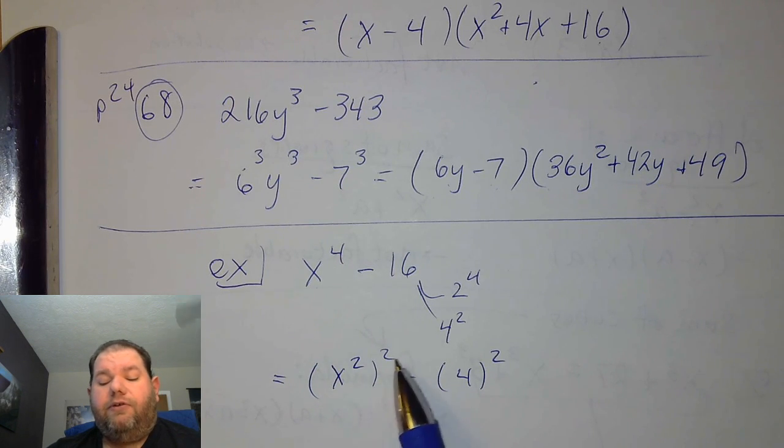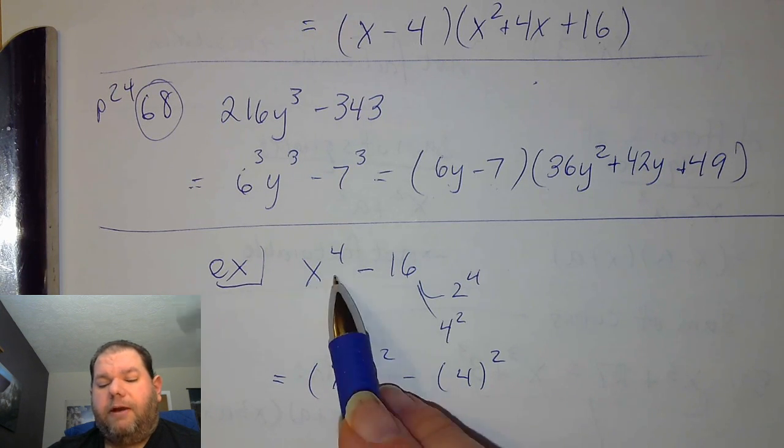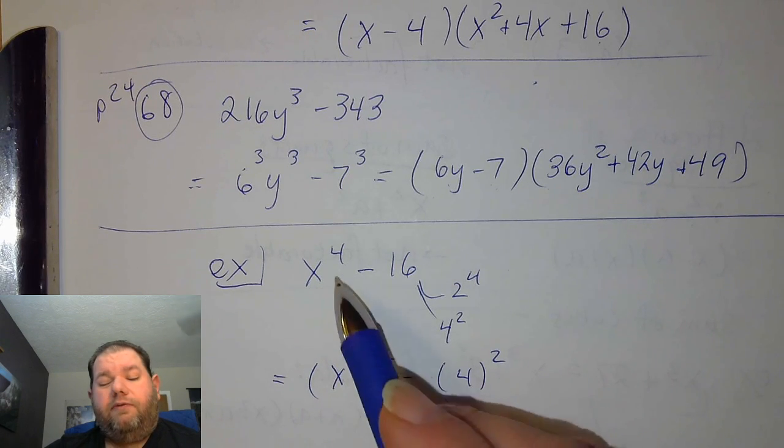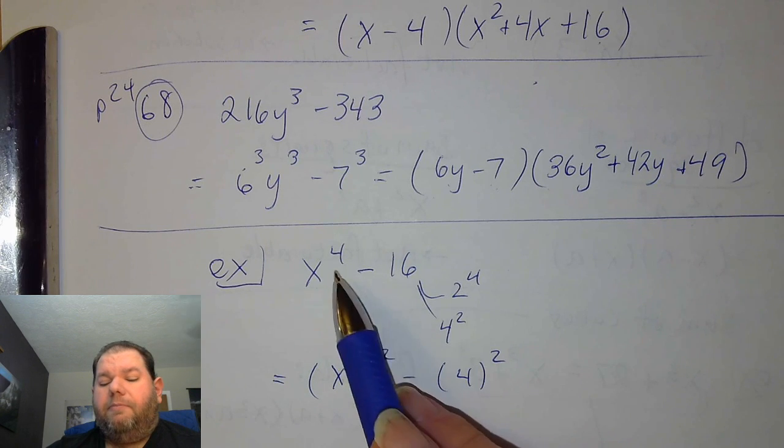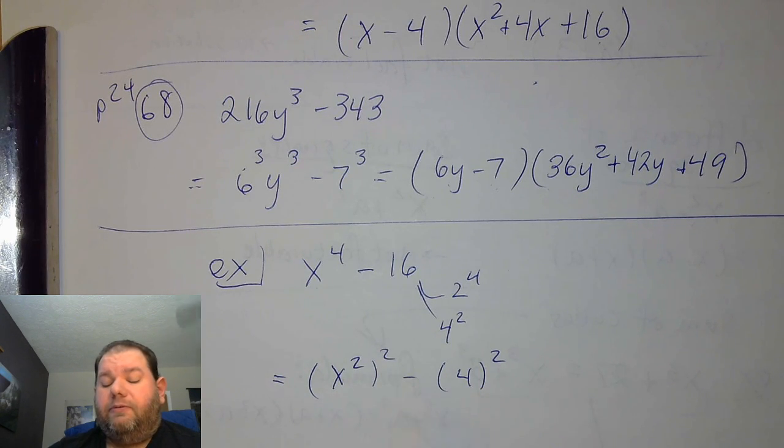In this case, it's 2 times 2. If we're trying to take this expression and go backwards to the original, if we have x raised to a number and then raised to another number, we actually multiply those two numbers together to get back to here. So if this had been a 6, it would be 3 times 2. But since it's a 4, we know it's 2 times 2.